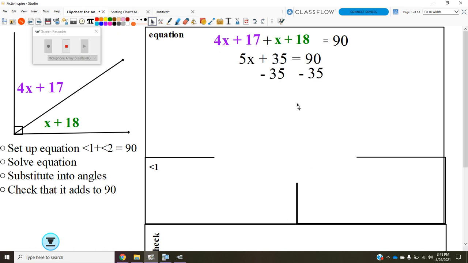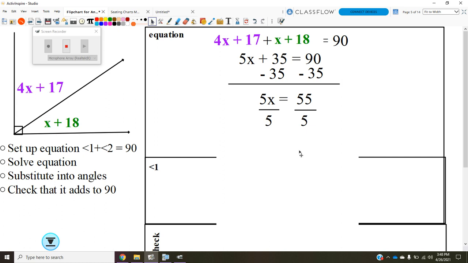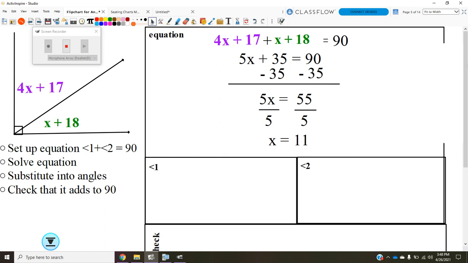Then we'll solve this two-step equation by subtracting 35 on both sides, dividing by 5 on both sides, and x equals 11. Now, under normal circumstances, we would feel like we are done with the question because we answered x equals 11.